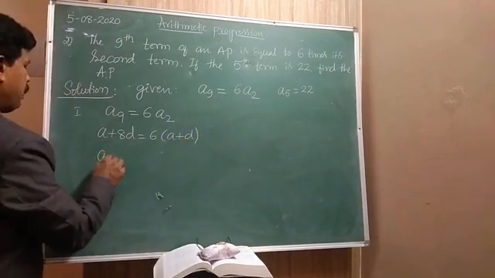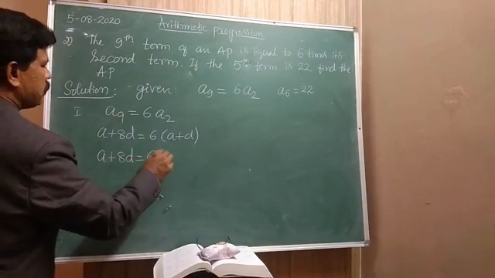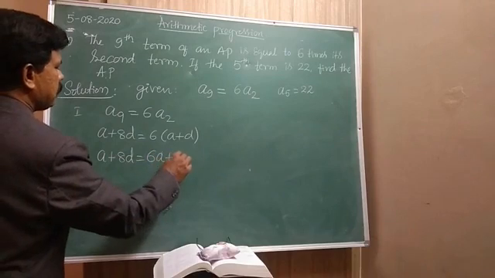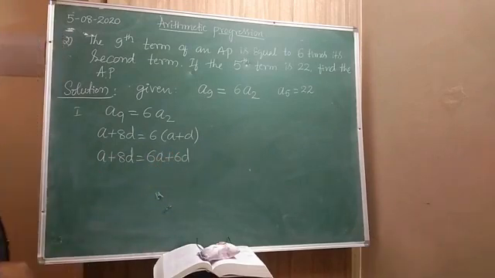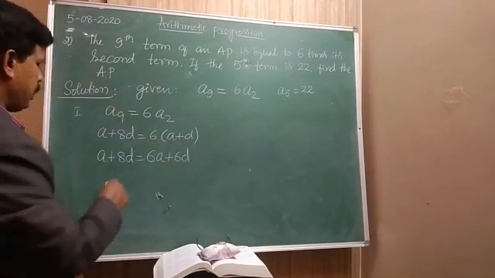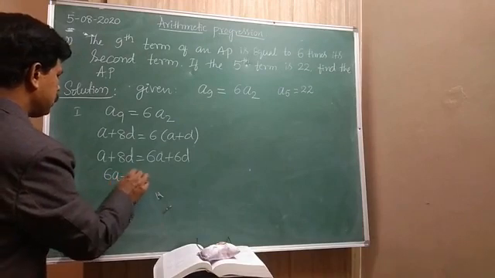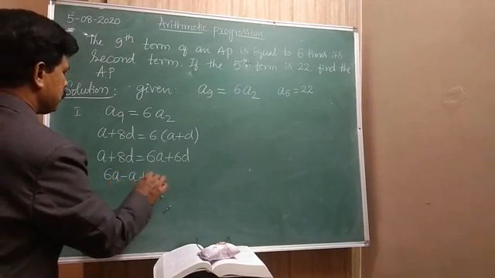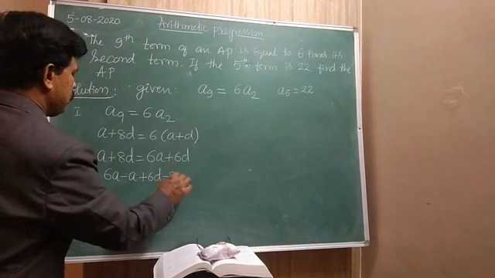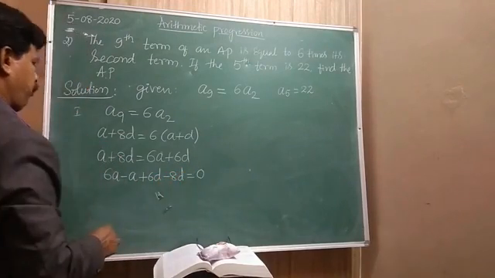Now A plus 8D is equal to 6A plus 6D. I'm multiplying that. Now shift all these things to this side, then it becomes 6A minus A plus 6D minus 8D is equal to 0.